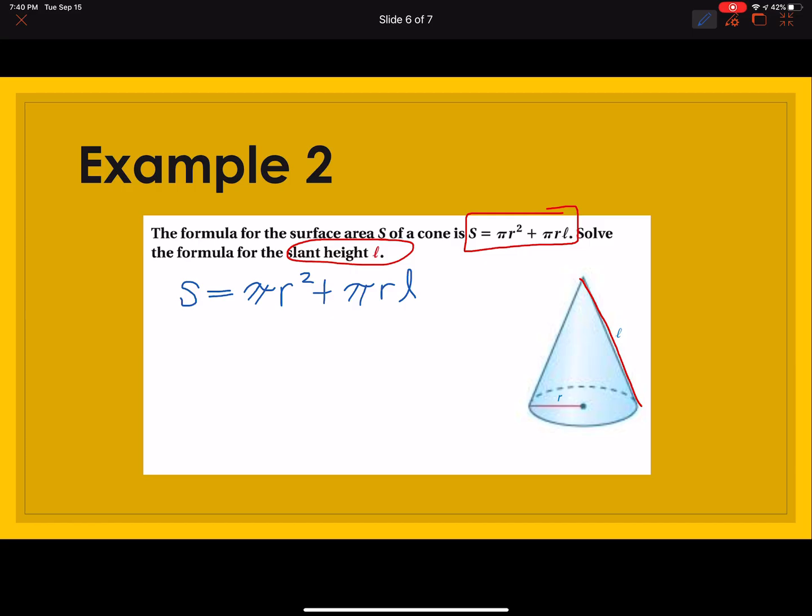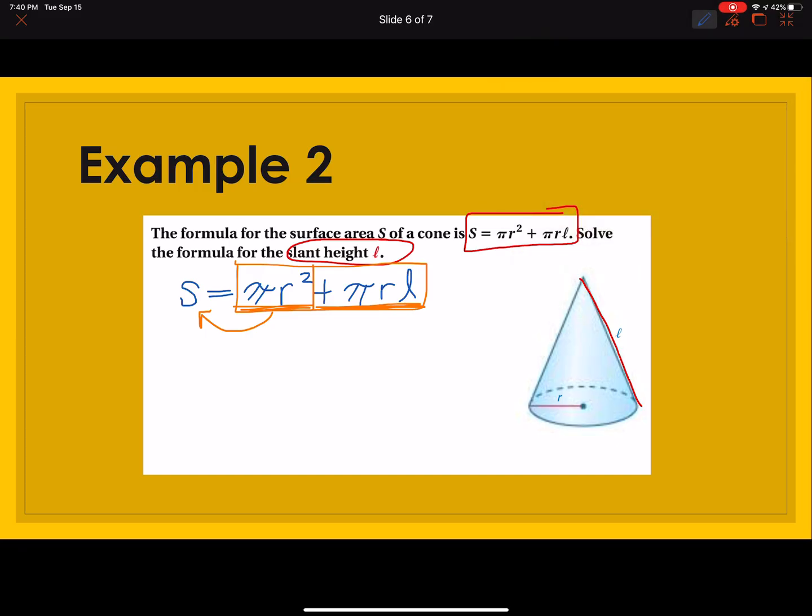So we're asking to isolate the slant height L. So a couple things that we're going to have to move. Now think about these like terms. So this would be a term right here on the left, and this second part would be a term as well. So I'm going to move the one that doesn't have the L with it first.